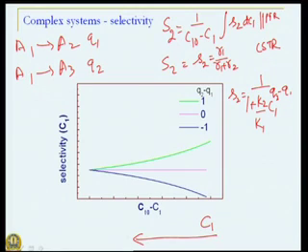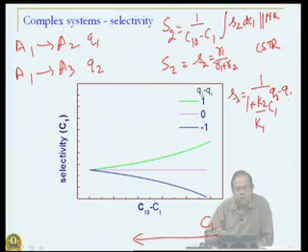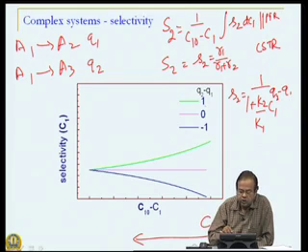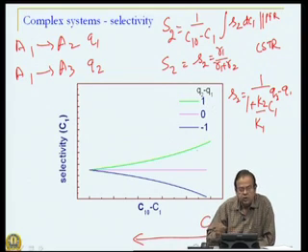So, C1 increases in this direction. So, as C1 increases, we get a decrease in the selectivity if Q2 minus Q1 is positive. This is the case shown with this green line when Q2 minus Q1 is positive.